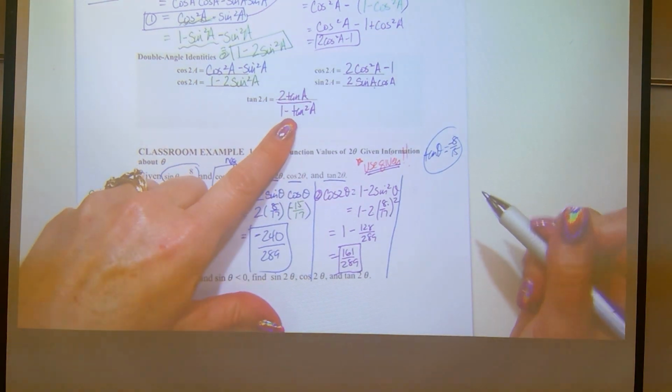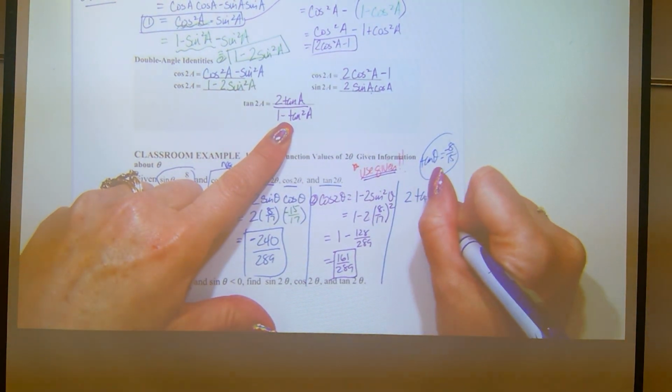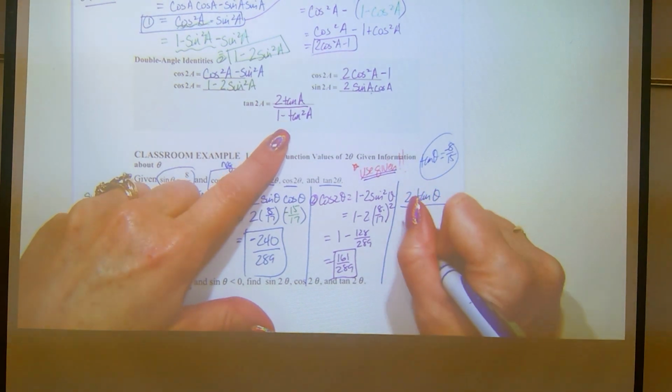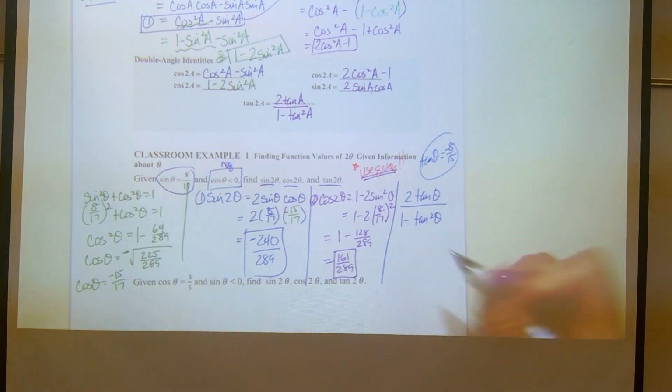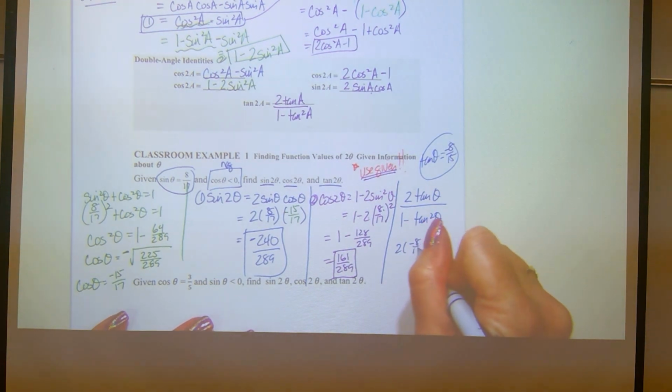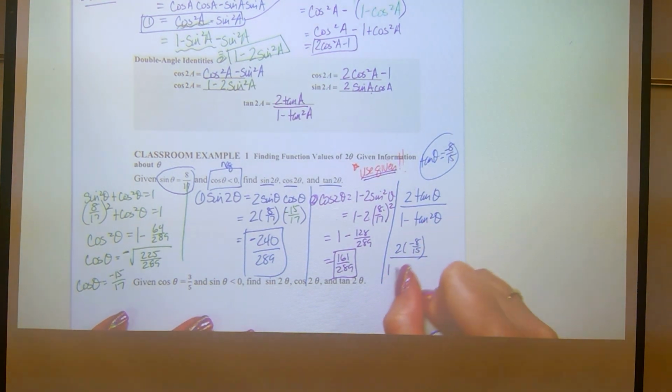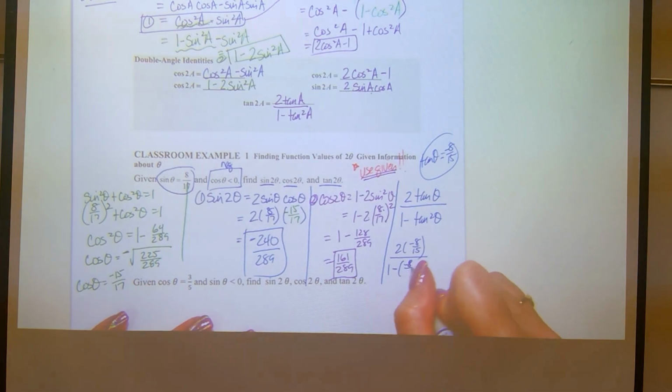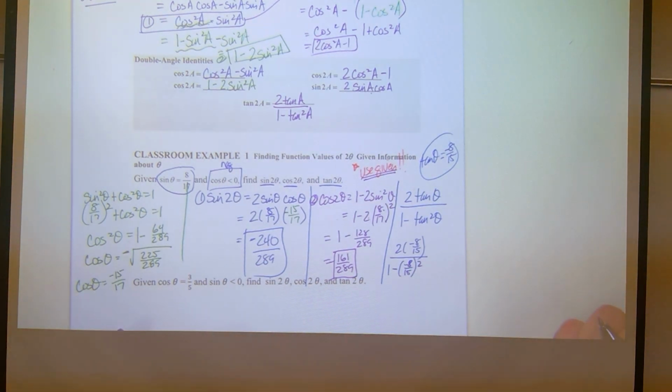The double angle tangent identity says 2 times tangent of theta over 1 minus tangent squared theta. We found that value, so we have 2 times negative 8/15 over 1 minus negative 8/15 squared.